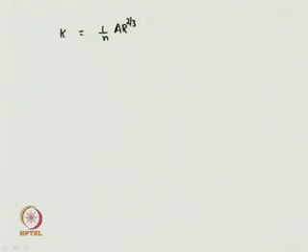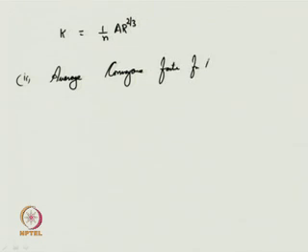For the upstream compound section or simple section, whatever it may be, you evaluate the corresponding conveyance factor. In the downstream of the reach, what is the conveyance factor? Both you need to take into account. Now, for the entire reach, the second step is obtaining the average conveyance factor for the entire reach.